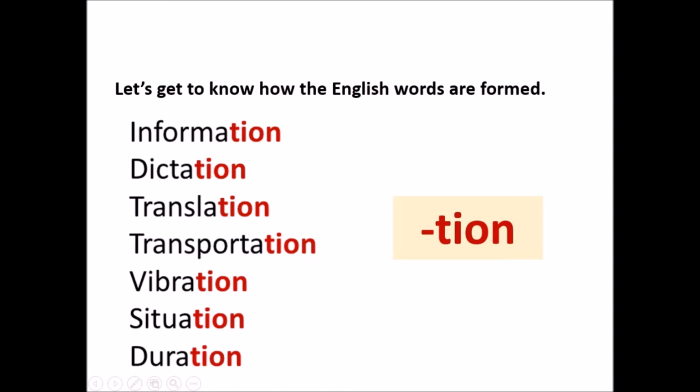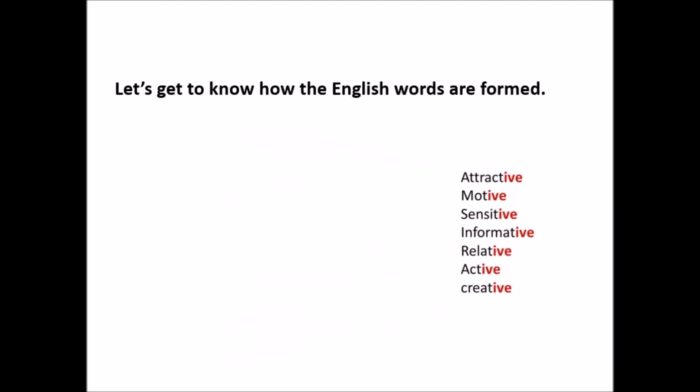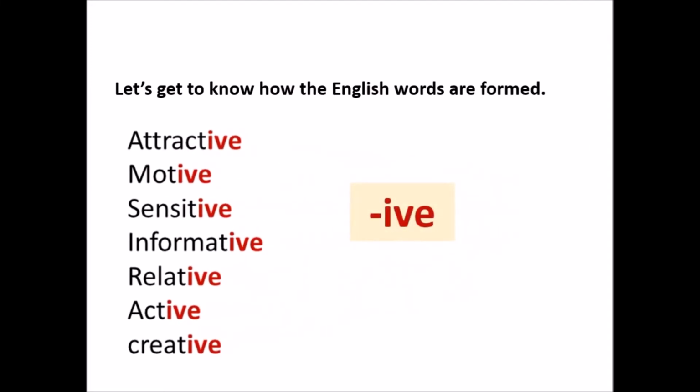And let's see another set of words. Attractive, motive, sensitive, informative, relative, active, and creative. Attract, the root word. We have formed another word by adding a few letters at the end, IVE.